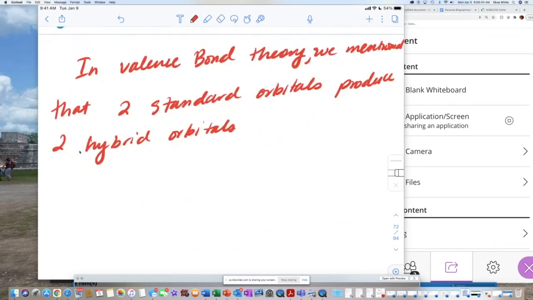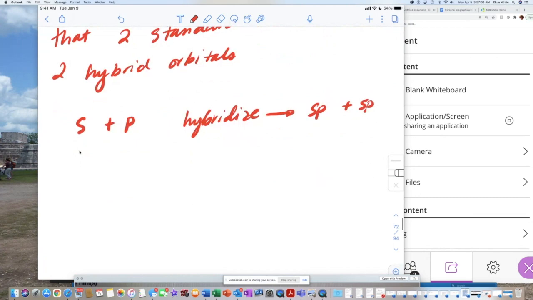Okay? For example, if you have two standard orbitals like S and P adding together and they hybridize, they will produce sp and sp, two sp hybrid orbitals.